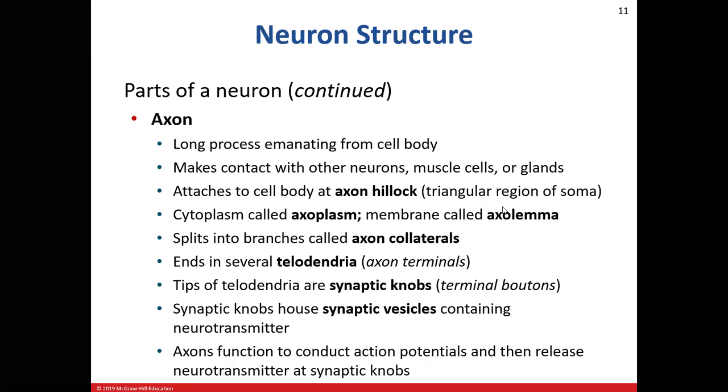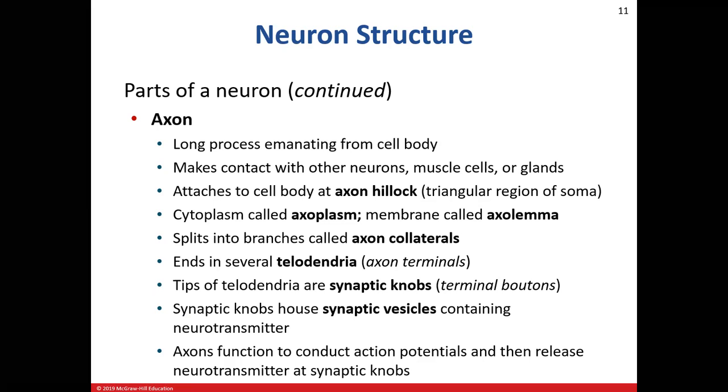It's going to attach to the cell body at an axon hillock. And this axon hillock is kind of this triangular region of the cell body. The cytoplasm within the axon itself is going to be called the axoplasm, and the membrane is going to be called the axolemma.